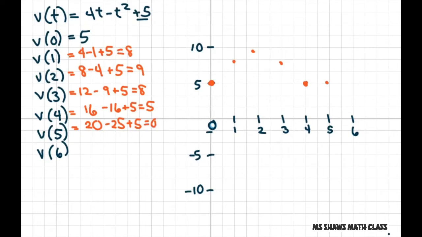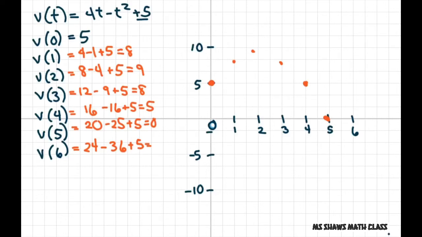That equals 0. So at 5, we're at 0. And for 6, we're going to get 24 minus 36 plus 5, and that's going to give us negative 7, I believe.